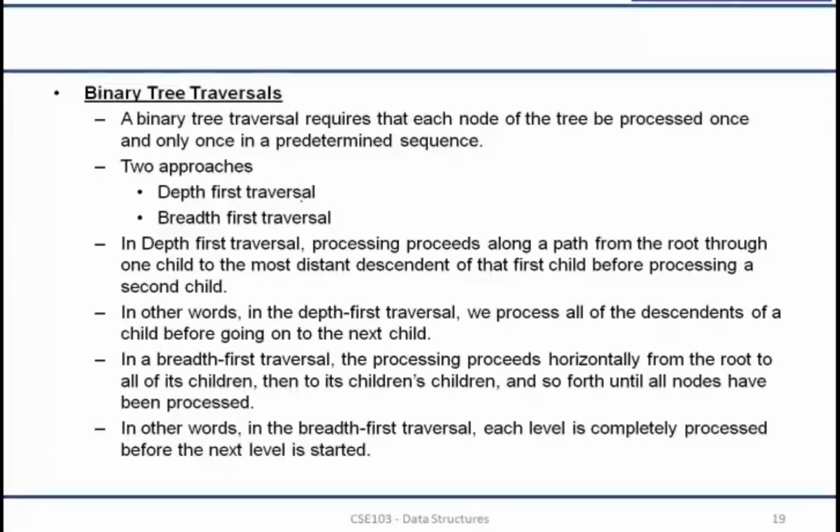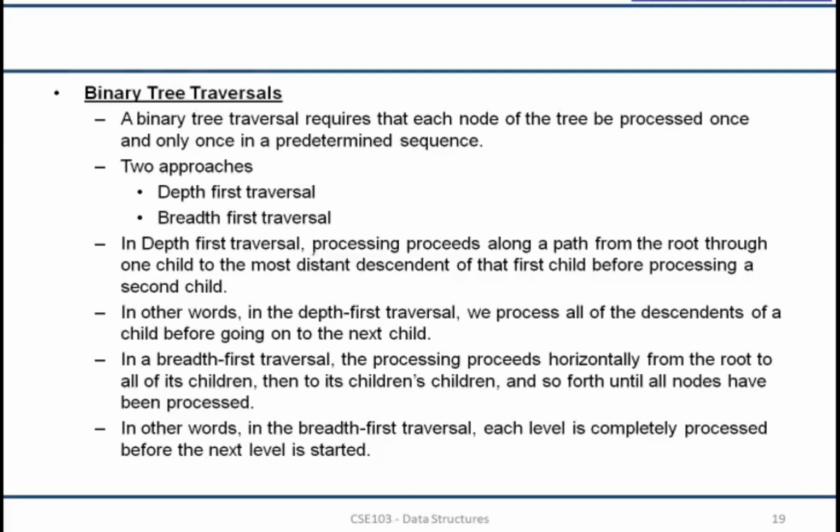Breadth first means first siblings will be visited, and then it will go to the child nodes. So level by level it will go. So this is BFT, breadth first traversal, and DFT, depth first traversal. And under depth first traversal, we have 3 types of traversal: pre-order traversal, post-order traversal, and in-order traversal.